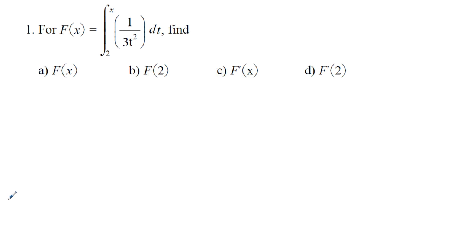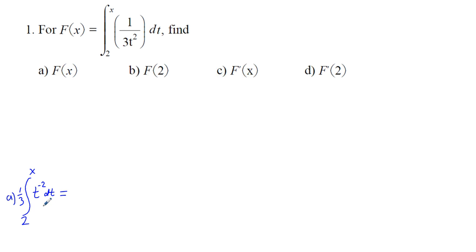I'm going to put part A down here, and what we're going to have is the integral from 2 to x, and we're going to take that 1/3 and bring it out front, and 1 over t squared is going to become t to the negative 2 power dt.